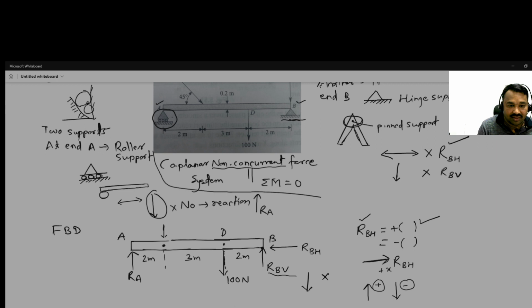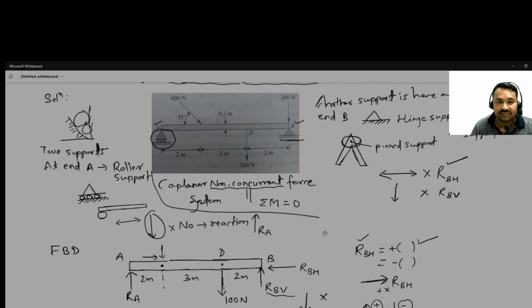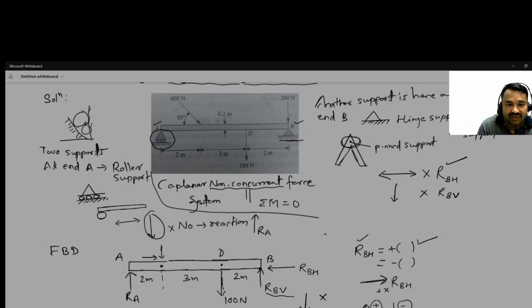Suppose in this one, this will be 600, and not to that. Okay, so it will be sine 45 degree. This will be 600 and cos 45 degree.